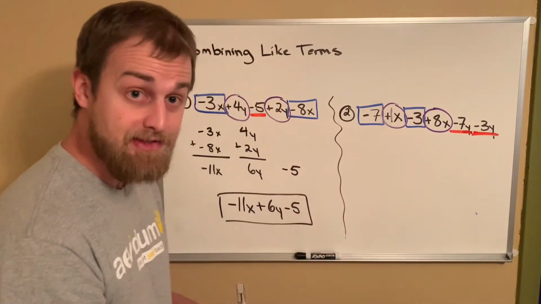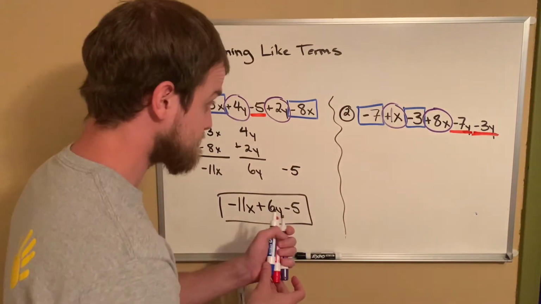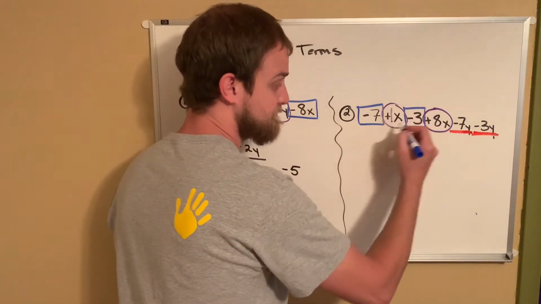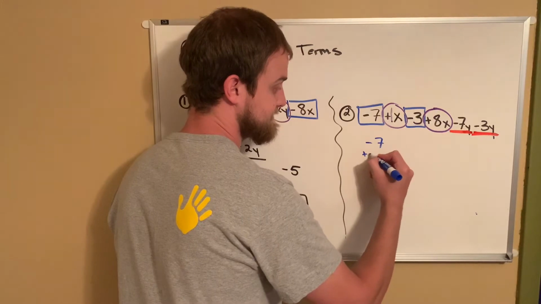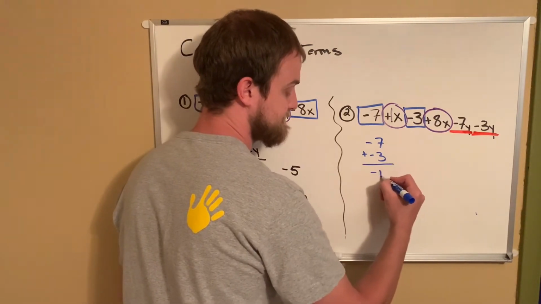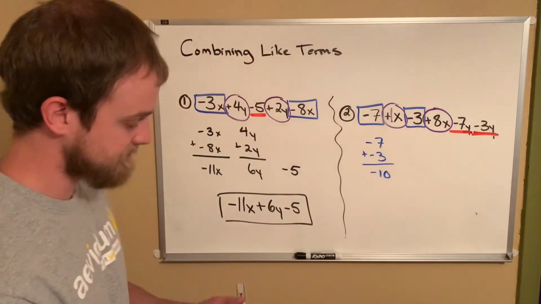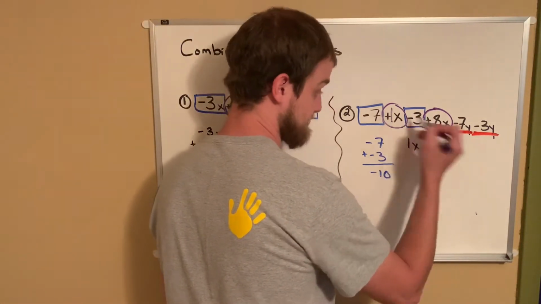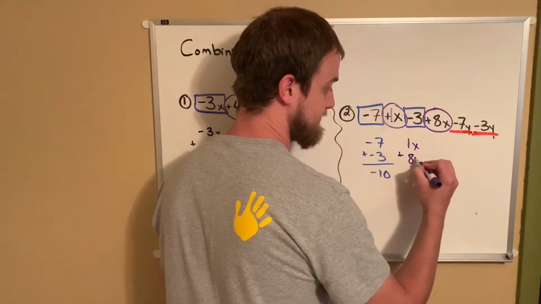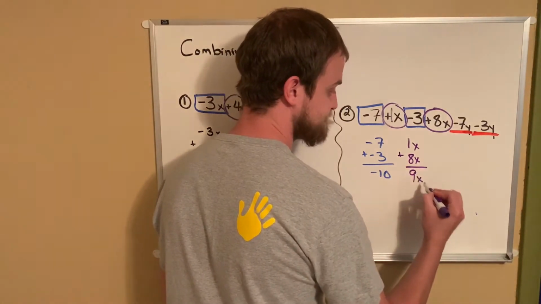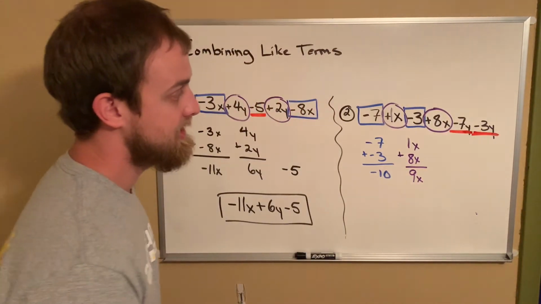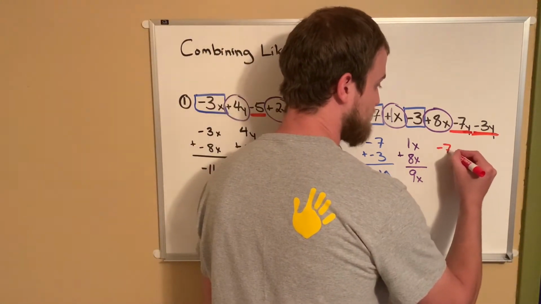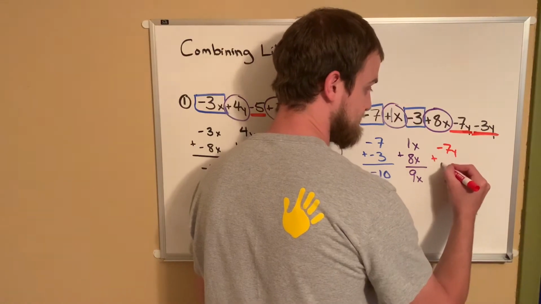Now we just need to add them together. I like to start with my first term. So negative 7 plus negative 3 will give me negative 10. There are those two terms combined. 1x, or positive 1x, plus 8x will give me 9x. And last but not least, we have our y: negative 7y plus negative 3y.